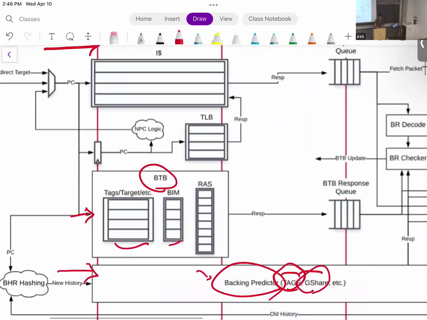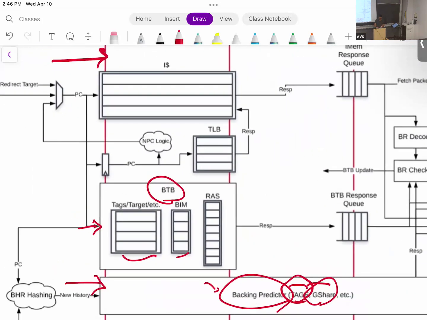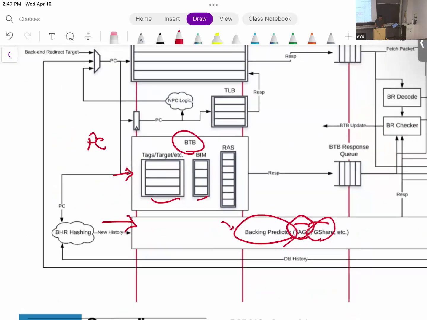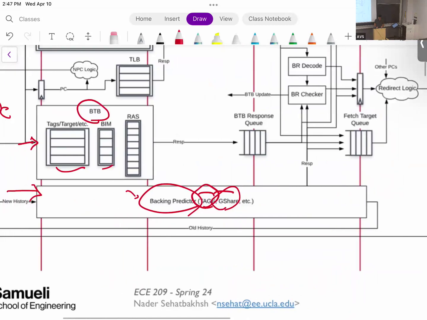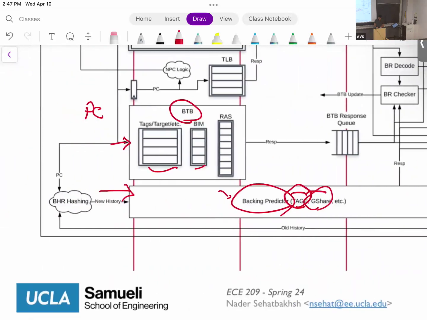The first thing that you realize is that the input to the branch predictor is the PC. This is the address of the instruction. That's our input to any branch predictor. Another thing that you might realize is that we also feed into the branch predictor what we call the history. This is what we remember from previous branches.